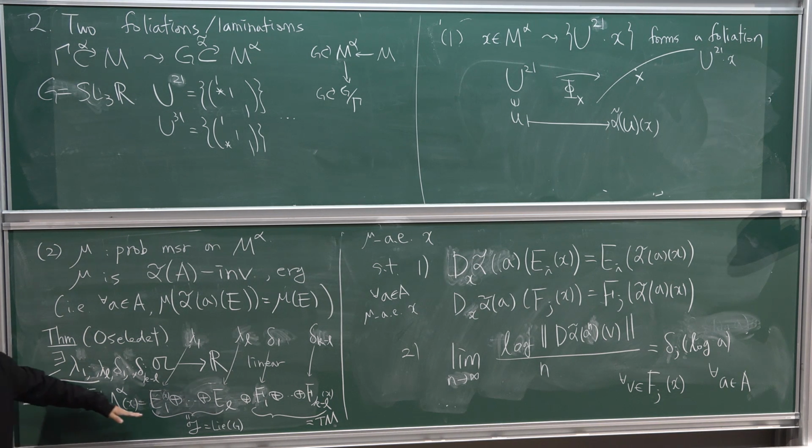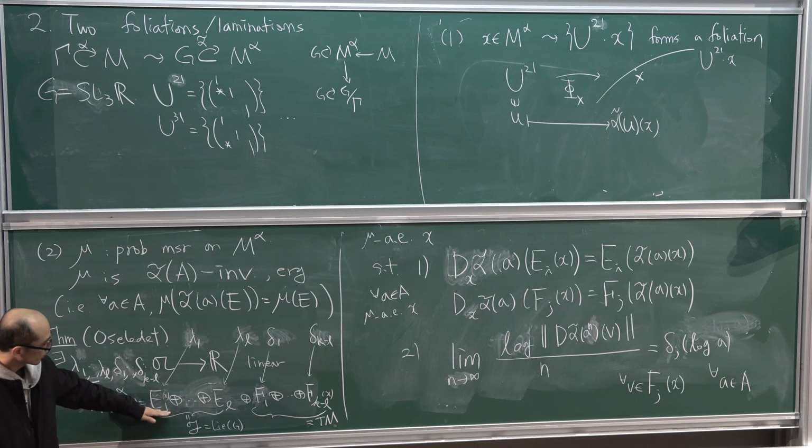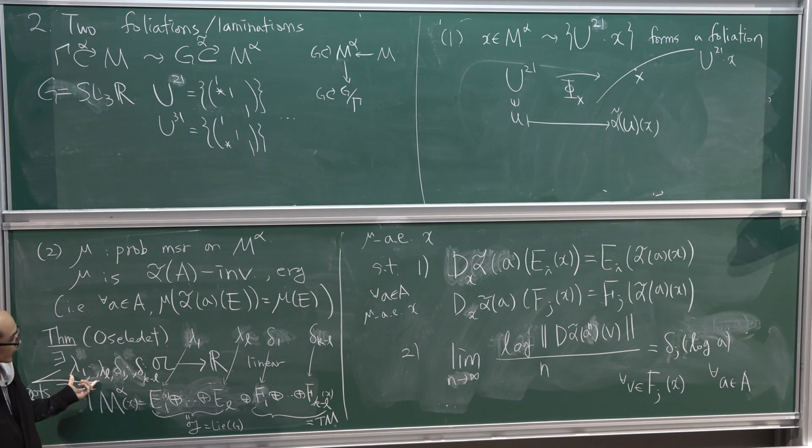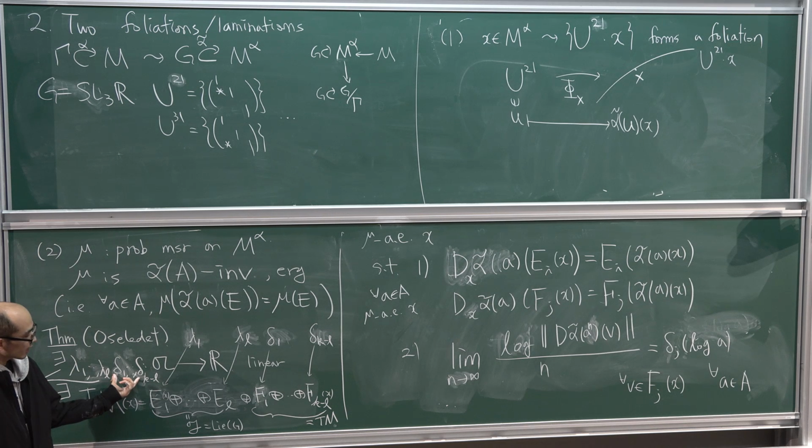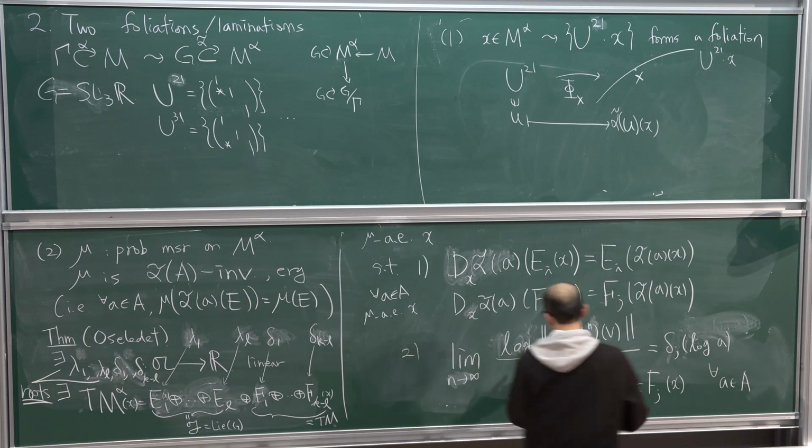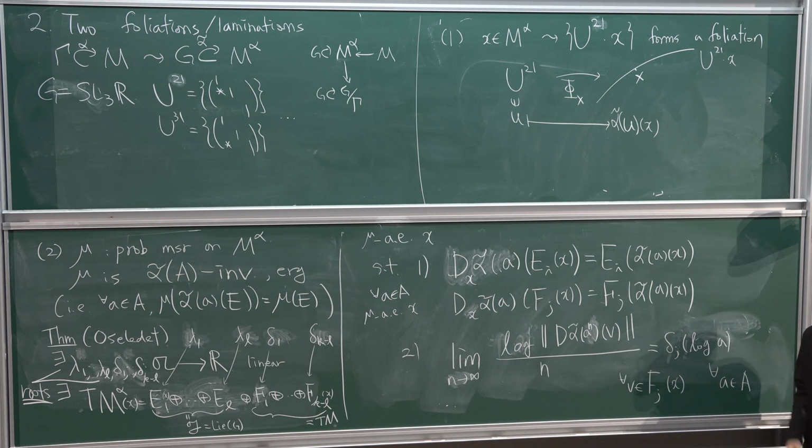So on the tangent space, your growth rate is given by the roots. That's one thing you can check. And these are the fiber-wise growth. If you act by A over and over again, then how your vertical vector grows is given by some linear functional.